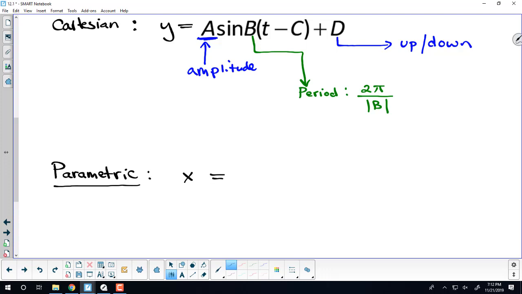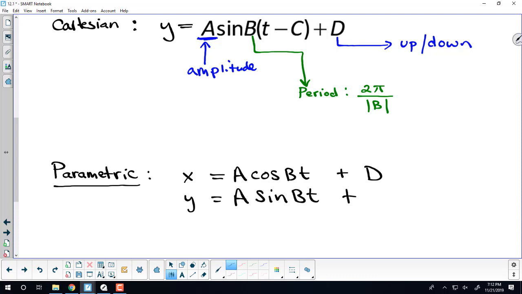When you write x of t, I'm going to start out with capital A times cosine of b times t plus d. And y is going to be capital A sine of bt plus, we'll just call it lowercase d.